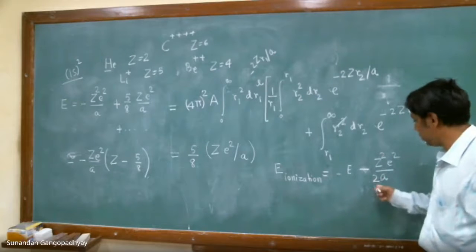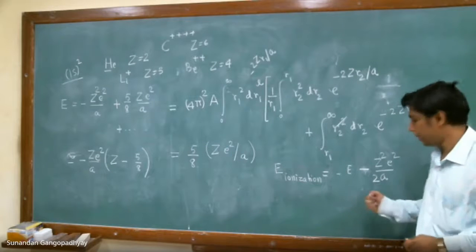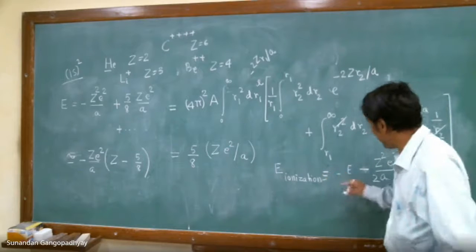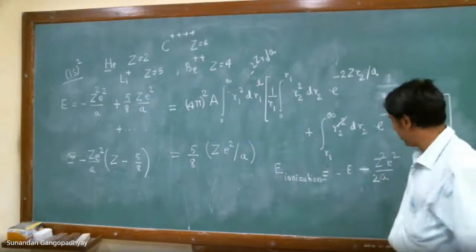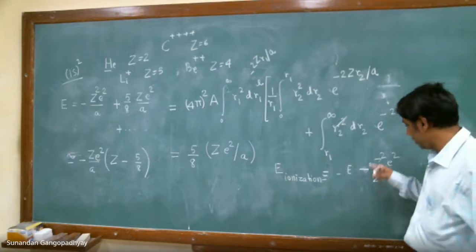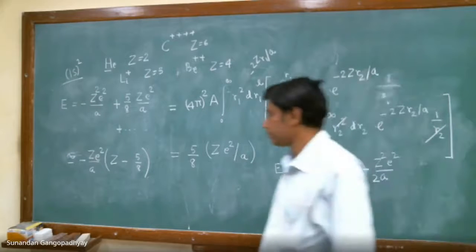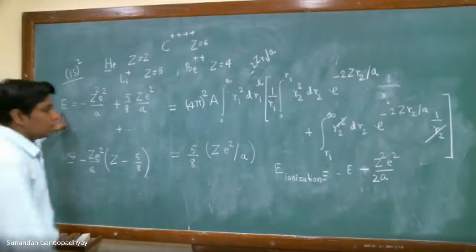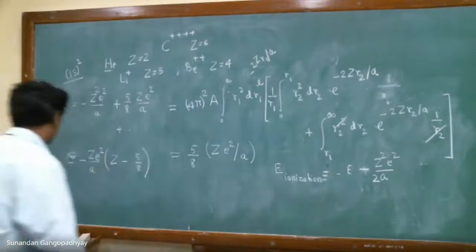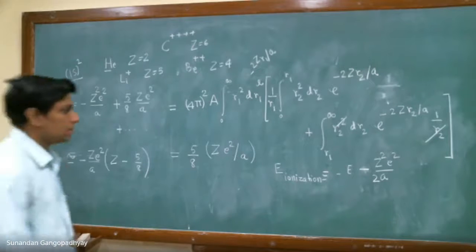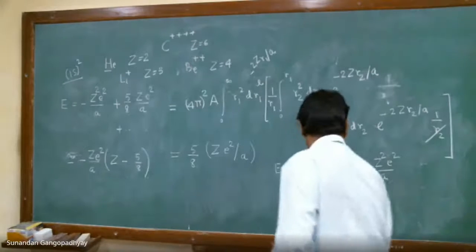So this is the energy that is required to pull off one of the electrons from the electronic shell, and it is defined in this way: minus E minus of Z²e²/2a. Had you defined it with a plus E, then this would be plus this thing. So this is the definition. And if you put in the value of minus E in this expression, what you see is, so let us just put it over here.